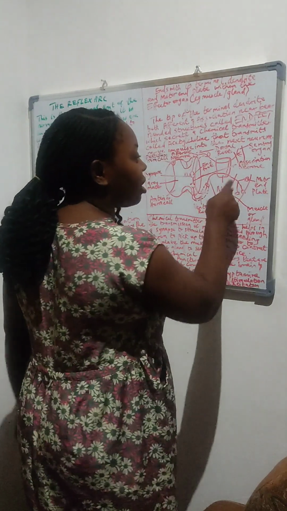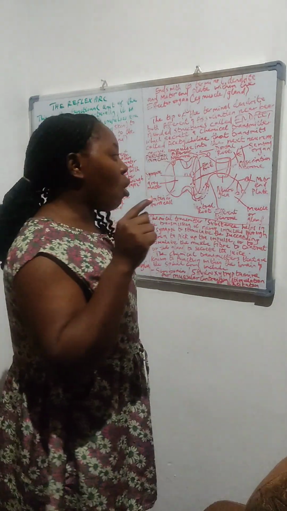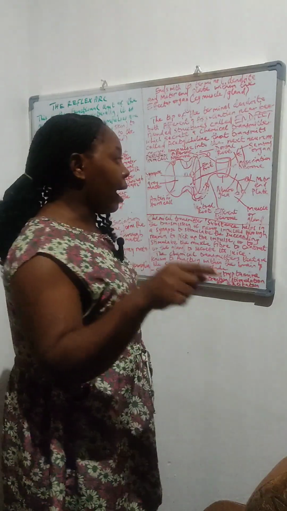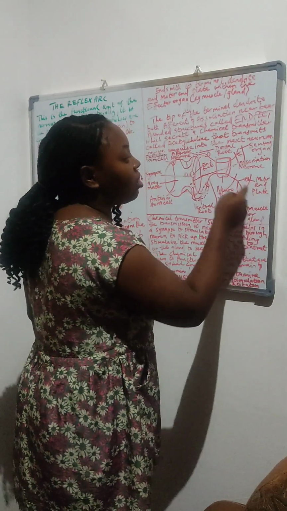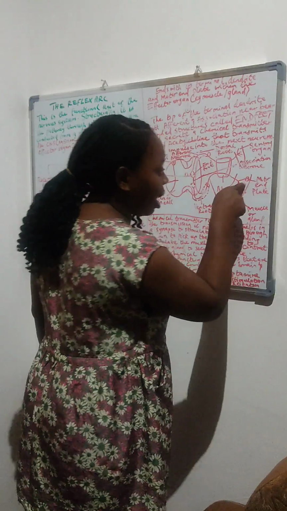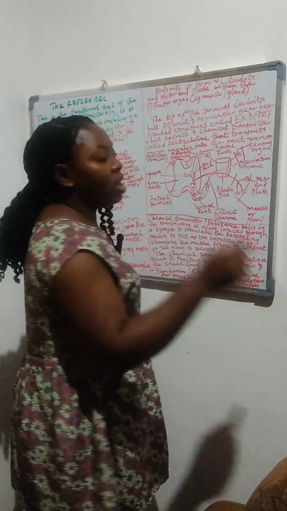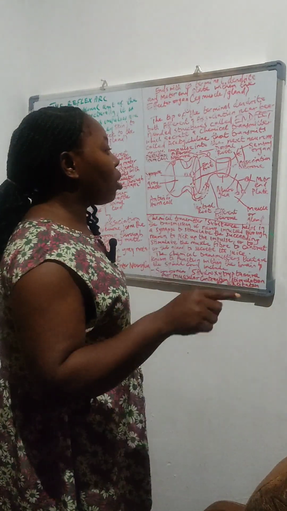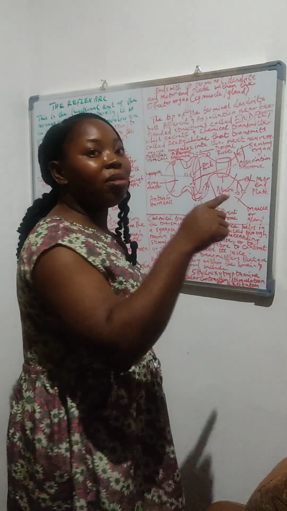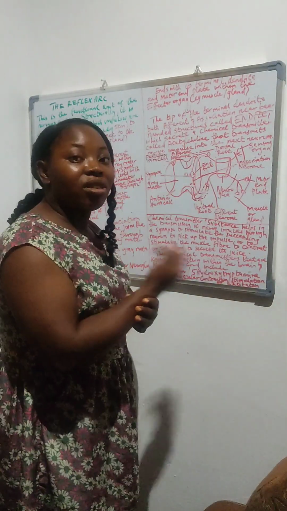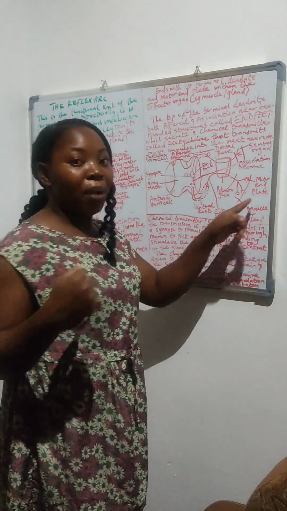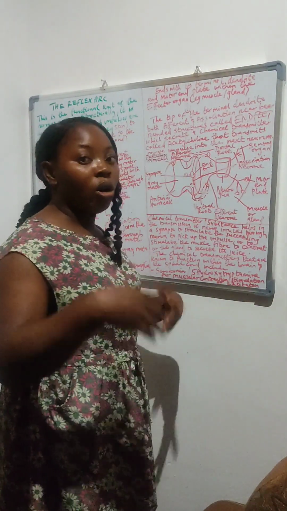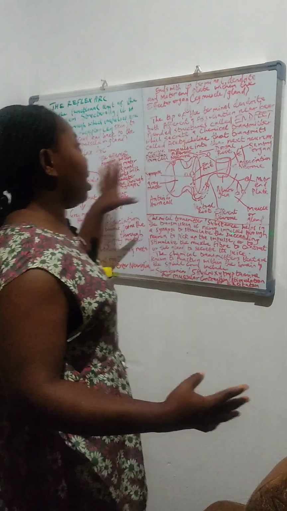And I told you that the terminal dendrites of a motor organ or effector organ end to become the motor end plate. It is this motor end plate that will release acetylcholine or noradrenaline that will go and stimulate the muscle fiber. It will stimulate the skin for there to be contraction and relaxation. The impulse will now be passed to the gland or to the muscle. This is the reflex arc.